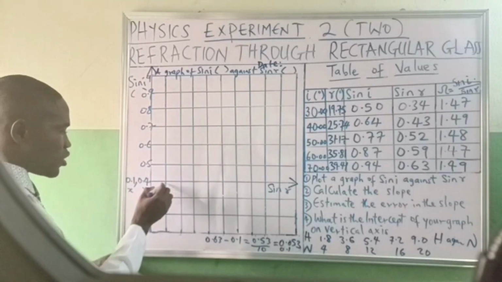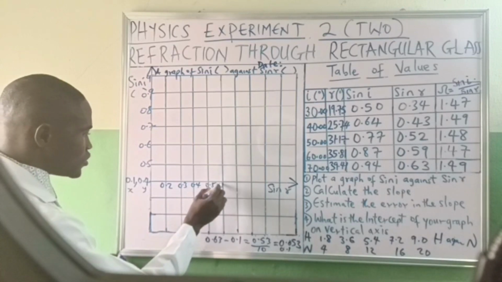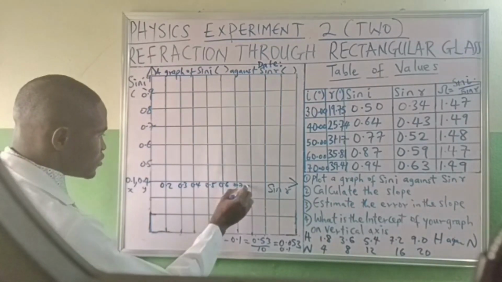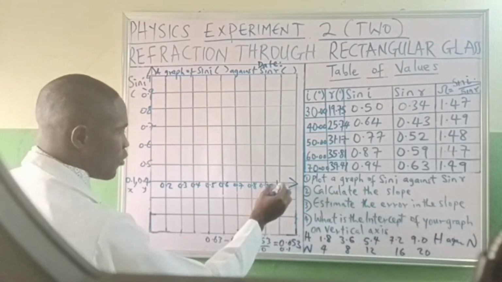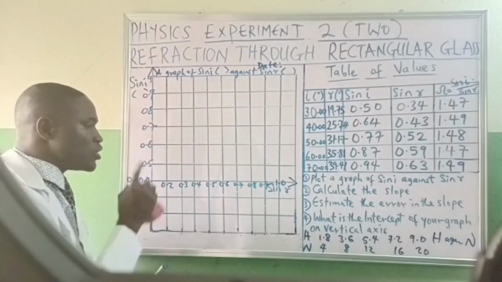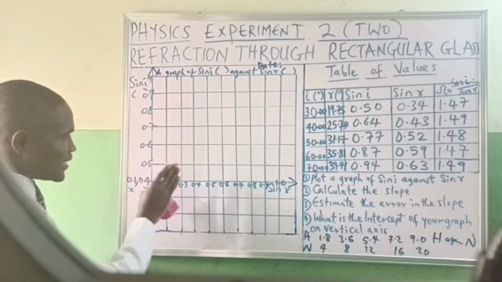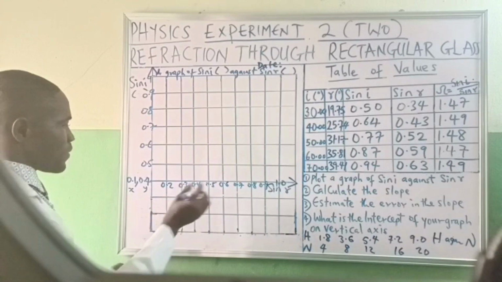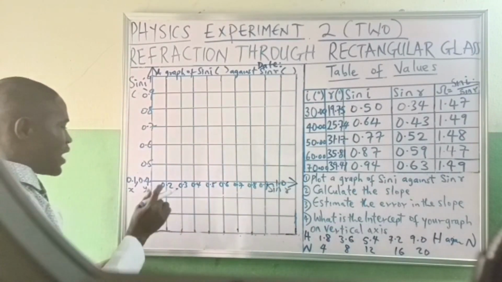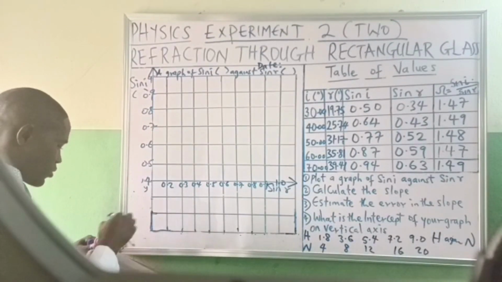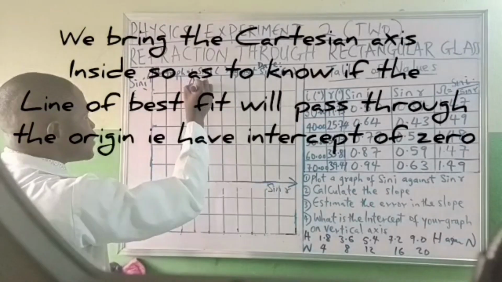0.1 plus 0.1, 0.2, 0.3, 0.4, 0.5, 0.6, 0.7, 0.8, 0.9. Then 1.0. I want to let you know that I can shift this vertical axis inside, so that there will be not much space left here. I can say, okay, bringing it inside here, I will have my axis to be here.